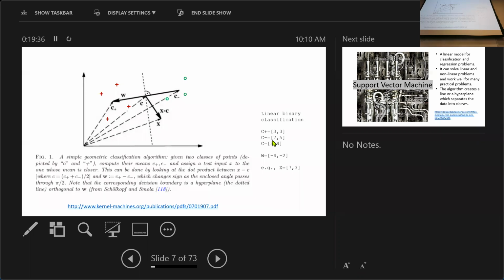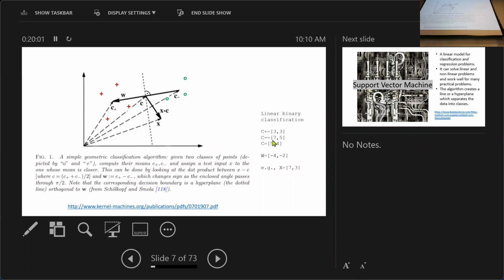Now a new data point X comes in. Your job is to assign X a label, either green or red. If red is the C plus group, then green is the C minus group.